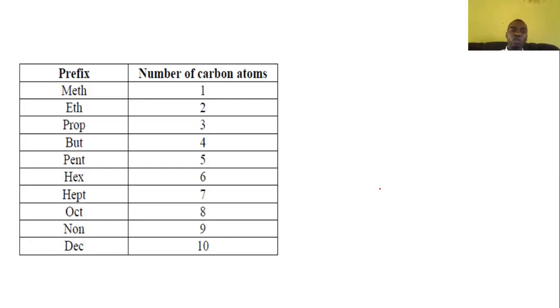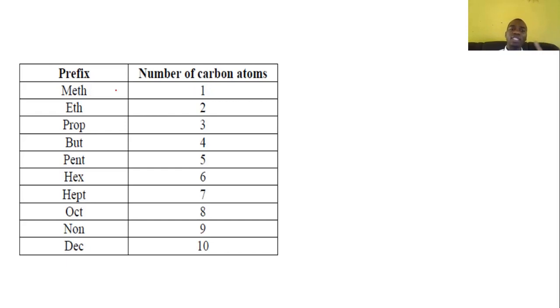These are the ones shown here: meth, eth, prop, but, pent, hex, hept, oct, non, and dec. In the order in which they are arranged, meth simply means one carbon atom. Eth means two carbon atoms, and so on and so forth. The moment you see meth anywhere, just know that there is one carbon atom there.